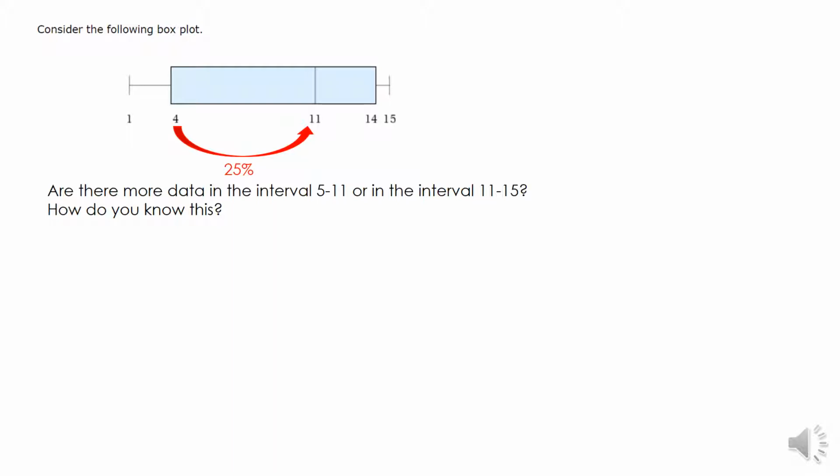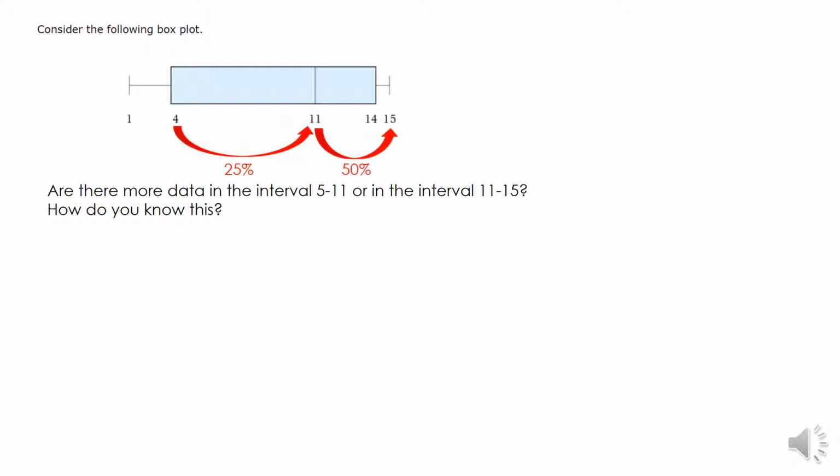Now let's consider the interval 11 to 15. The interval 11 to 15 contains exactly 50% of the data, because 11 is the median and 15 is the maximum. So exactly 50% of the data is contained within those 2 points.